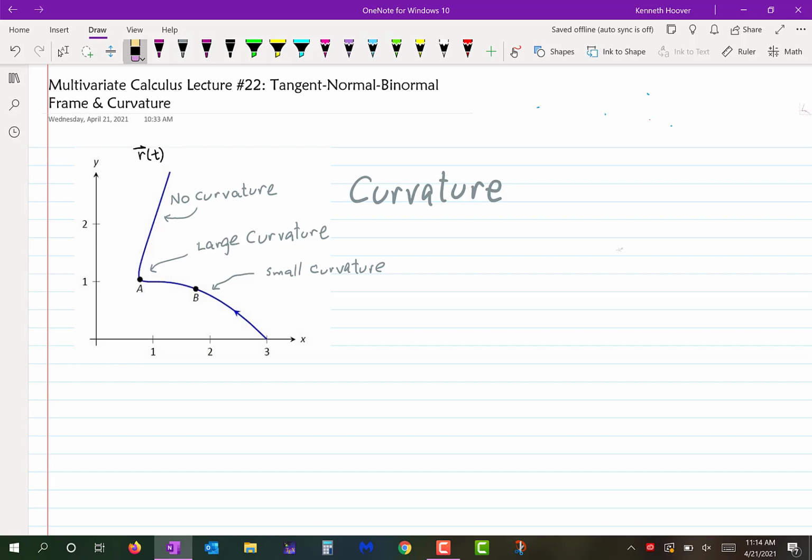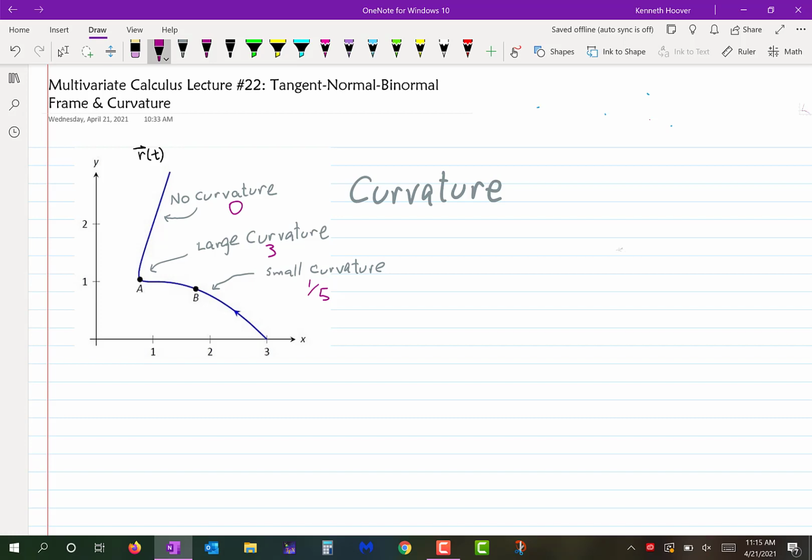You see what I'm saying is that we might have a curvature of like 0 here, and maybe a curvature of like 1/5 right there, and a curvature of 3 right there.